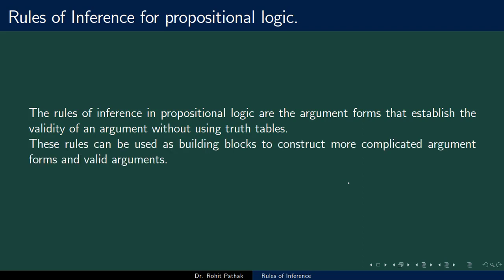These rules can be used as building blocks to construct more complicated argument forms and valid arguments. Sometimes they can simplify a given argument, or you can combine two or more premises to get a valid argument, right?